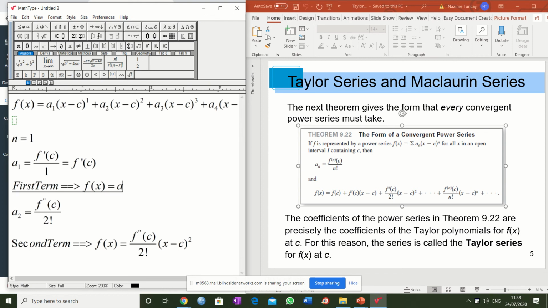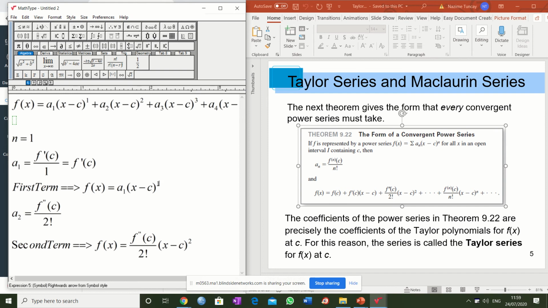So let me write first of all, like I see it in the series part. This is a1, and this is x minus c to the power n, so x minus c to the power 1. Now I'm going to substitute this a1 to find the first term here.